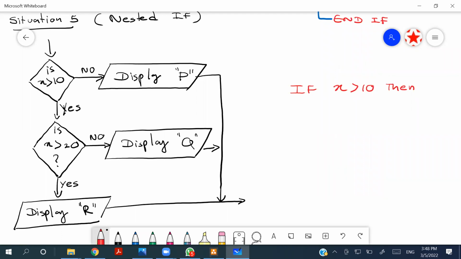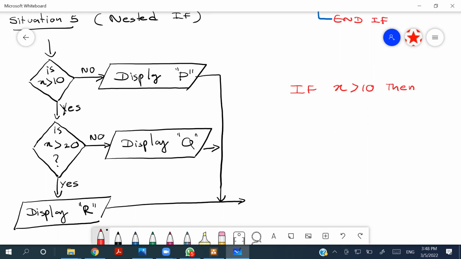On the yes path, we are finding another condition. If we found another condition and it is a selection, what do we need to do? We need to start another if, right? That's what we did last time.